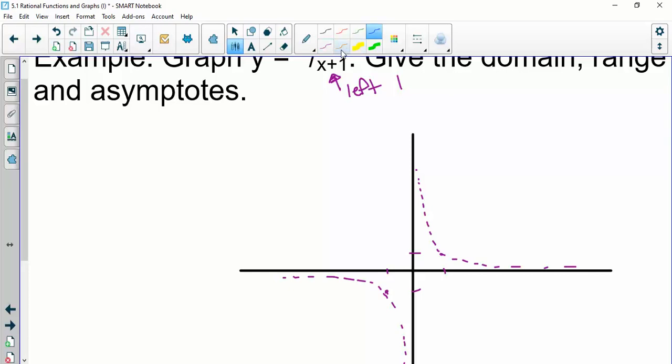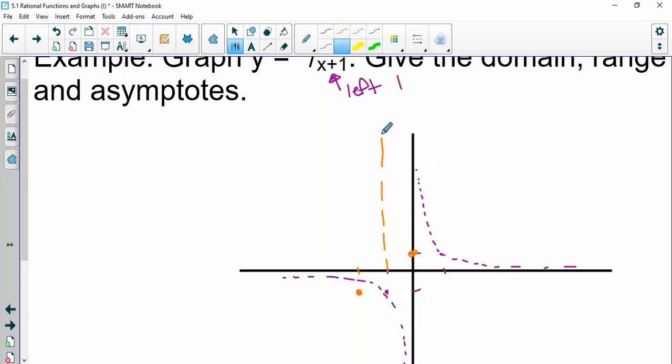So then our transformation, when I move to the left, I'm not only moving these points to the left. Which asymptote would get moved? If you're moving left and right, would that change your vertical asymptote or your horizontal? Vertical. So my vertical asymptote was right here at 0, so now it's at.